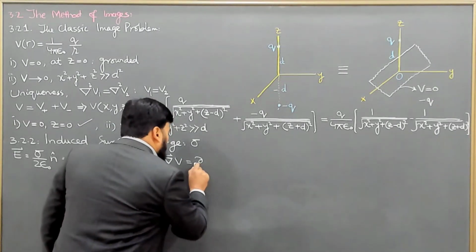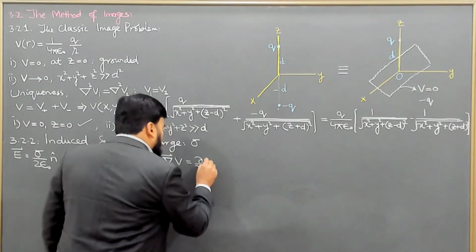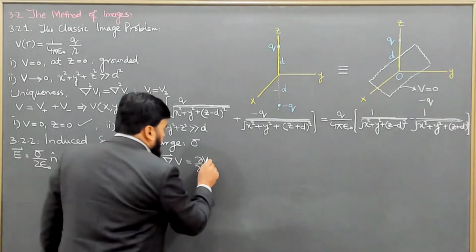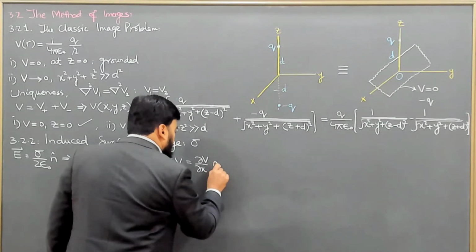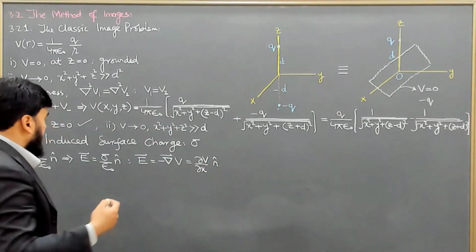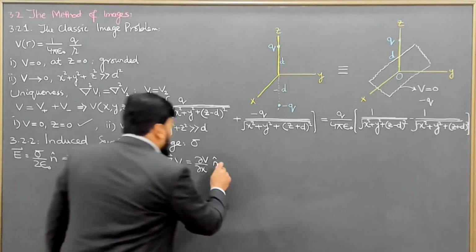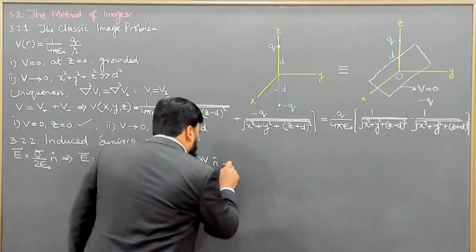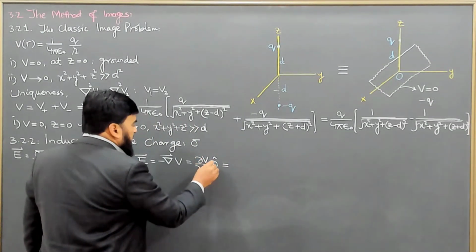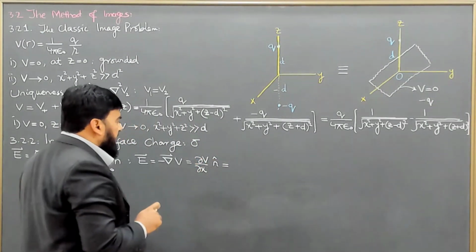So this is curly over curly x, and this is V, and as it's a gradient, I'm writing some unit vector with this one, some direction. And here I can replace this with curly V over curly x, and this is an n.